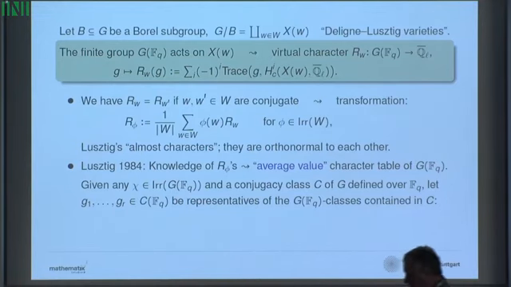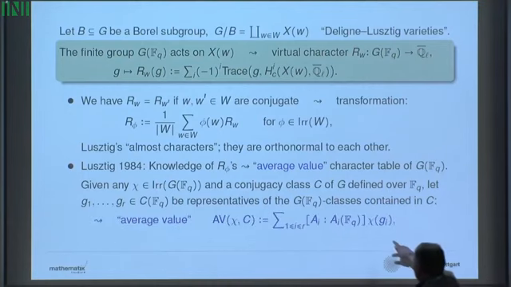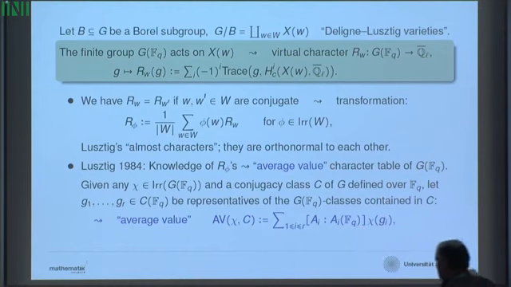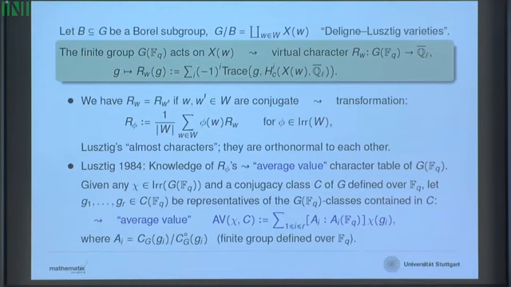What Lusztig says is you take a somewhat more clever average value, namely this one. You give weights to this sum, where these A_i, this is also a typical thing in this whole theory, you take the centralizer of an element in the algebraic group, it need not be connected, you mod out the connected component, this is always a finite group, and you use just this as the weight. So it's something like a clever average value, but in essence it's just the average value over a class in the algebraic group.